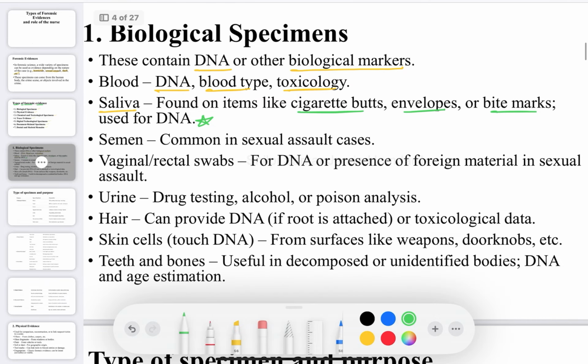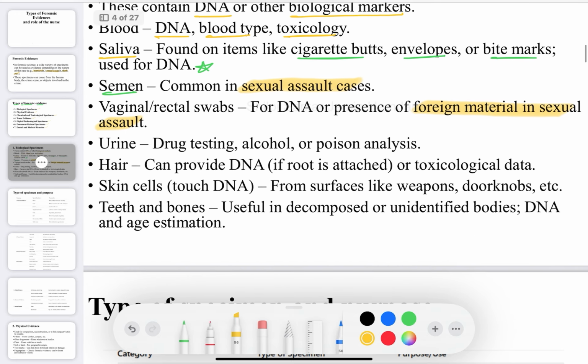Next one is semen. Semen is common in sexual assault cases, with vaginal or rectal swabs for DNA or presence of foreign material. Urine: drug testing, alcohol or poison analysis.